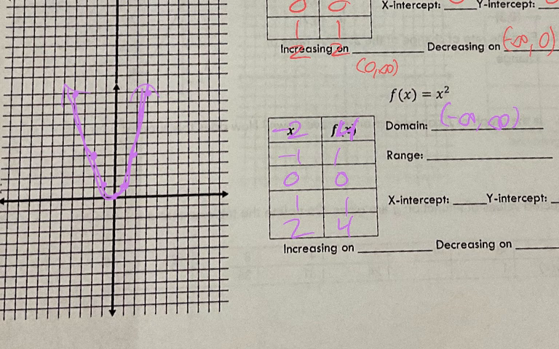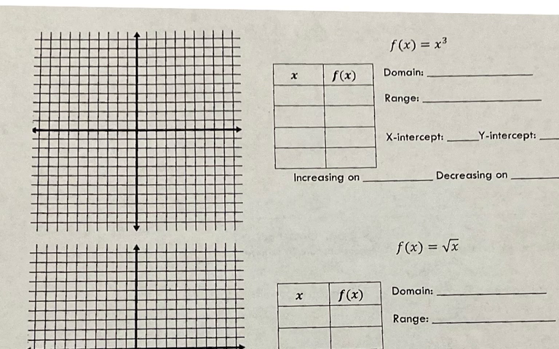What's the range? 0 to infinity. X-intercept. 0. Y-intercept. 0. Where's this increasing? Where's this decreasing? Negative infinity to 0.